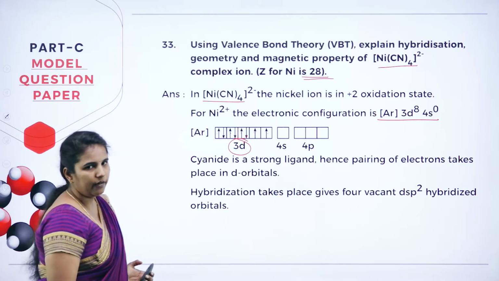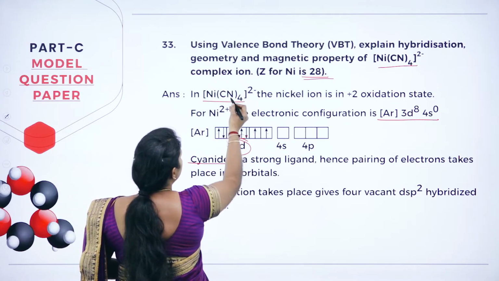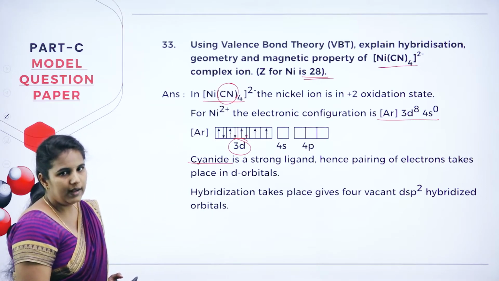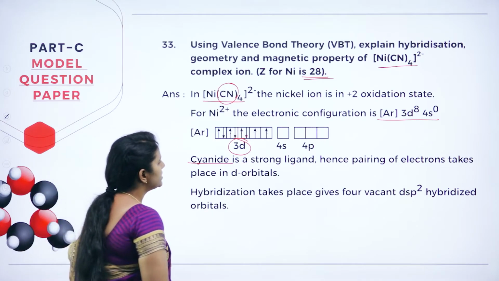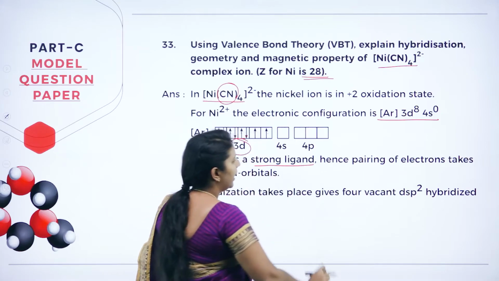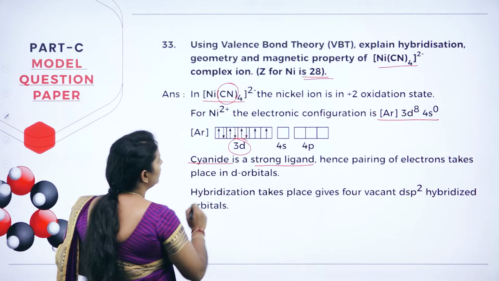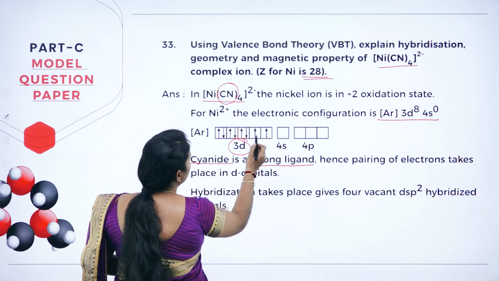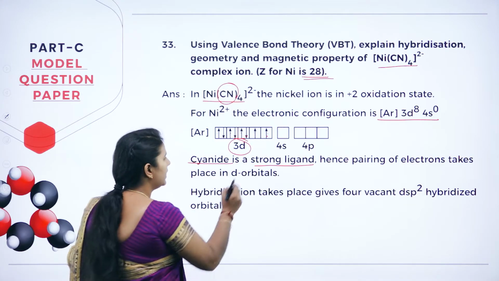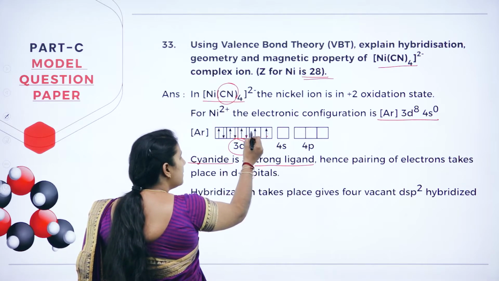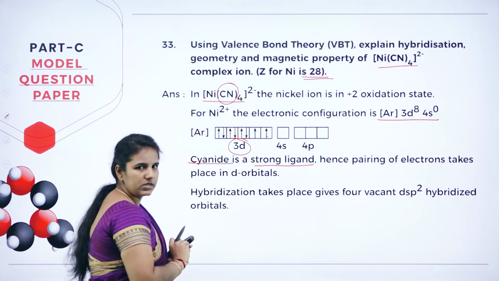We know that the central metal atom is surrounded by 4 cyanido ligands, right? Cyanido is a strong ligand, hence pairing of electrons takes place. Here you can see that there are 2 unpaired electrons in the d orbital. Due to this strong ligand, the pairing will take place.